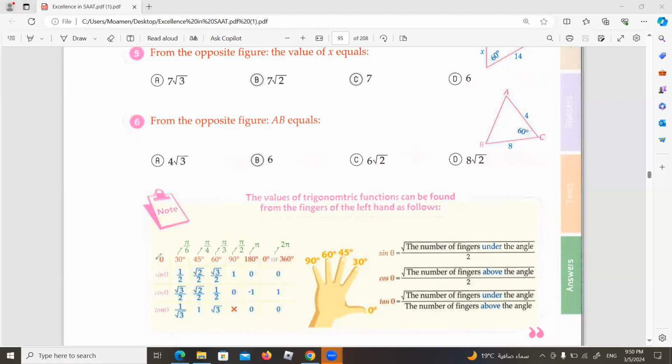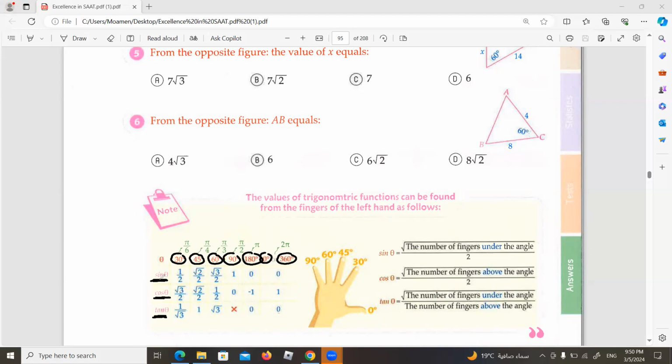Pay attention. Also, as the famous triangles, you must know the sine of 30, sine 45, sine 60, sine 90, sine 180, sine 0, sine 360. Again, this also will be very important for cosine and for tan.